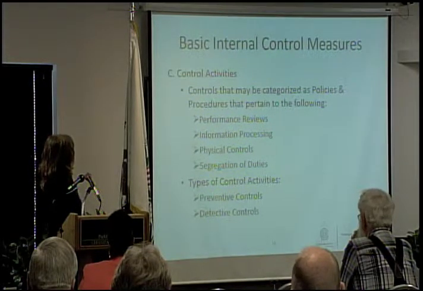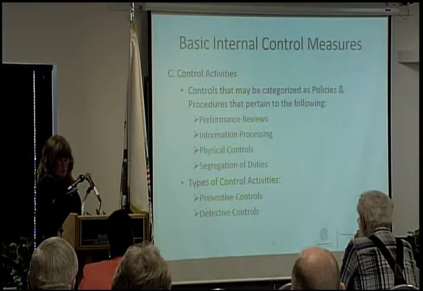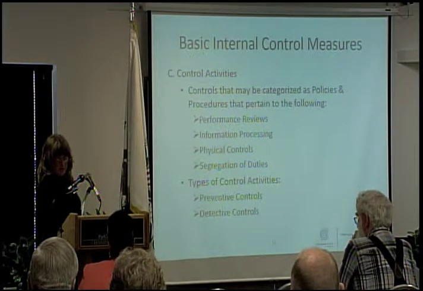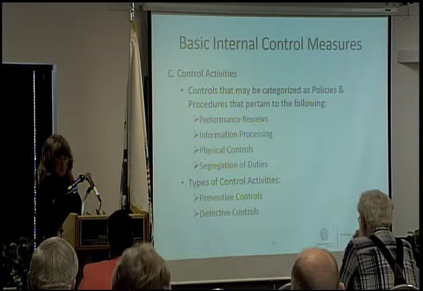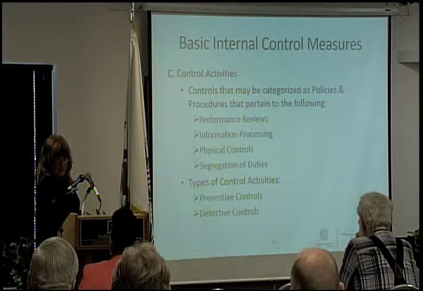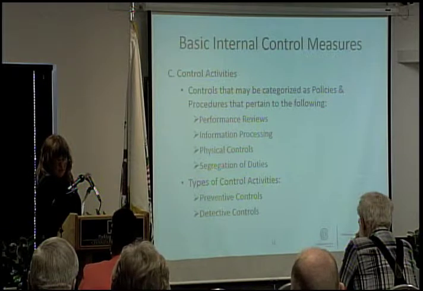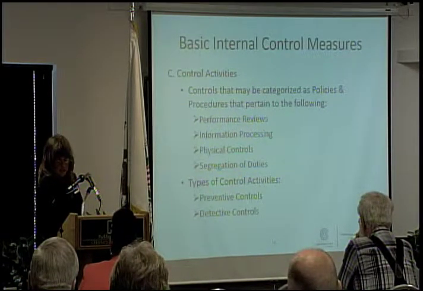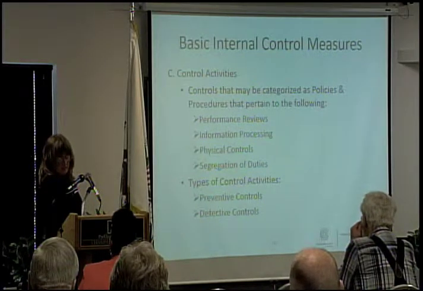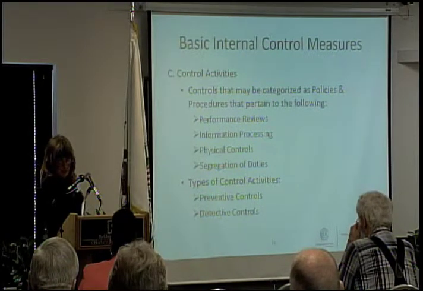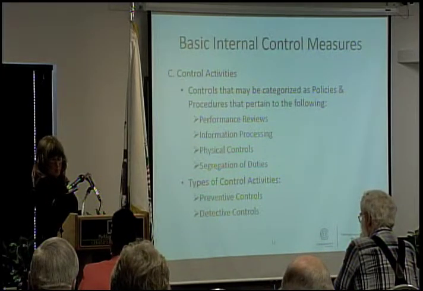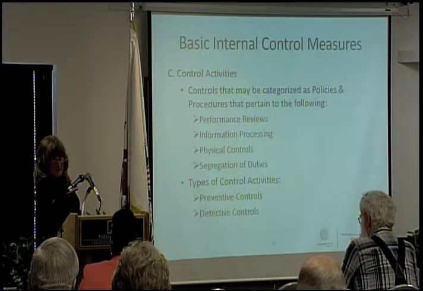The type of control activities: preventative controls are like your segregation of duties, your appropriate lines of responsibility and authority and proper communication, your signed statements, your written contracts and agreements. Those items prevent the occurrence of a fraud or a theft. Your detective controls are compensating controls when your preventative controls are not in place.